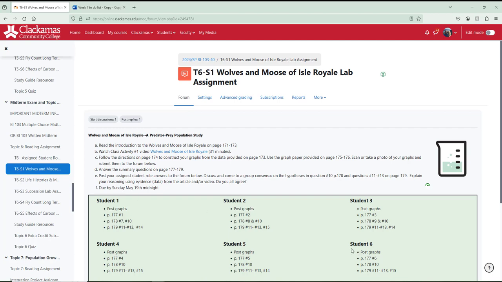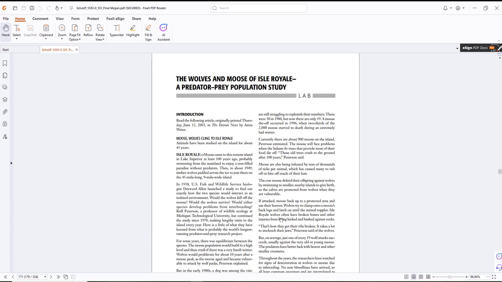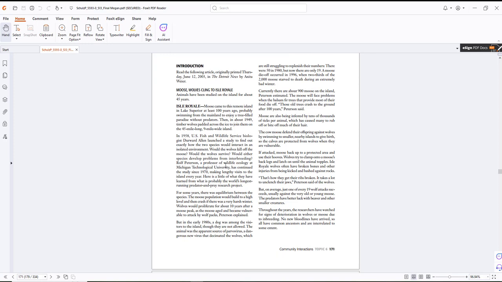So we're going to look at a study. Let me take a look at the actual paper here. So we have this introduction. So you're going to read about this Isle Royale in Lake Superior. And this is just a famous study that took place where we had some ecologists or biologists basically study this population of moose and wolves on this isolated island.